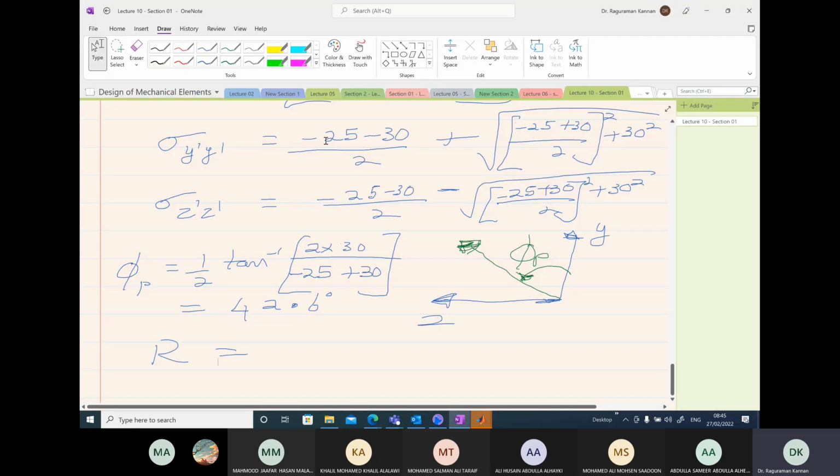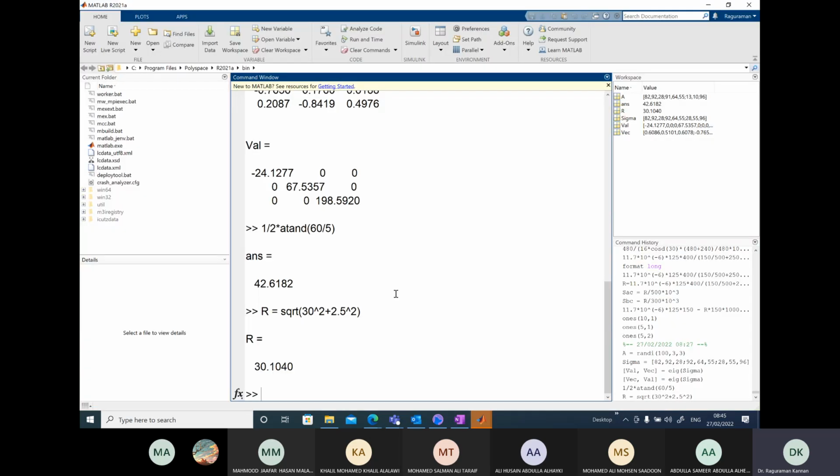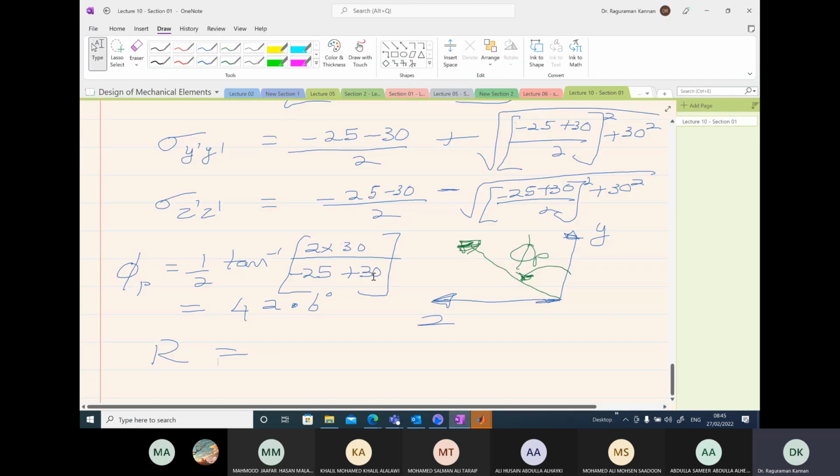And here what do we have? 55 over 2. So negative 55 over 2. Negative 55 over 2 plus 30.104. Okay. So we have sigma y prime, the principal direction, the principal stress value.